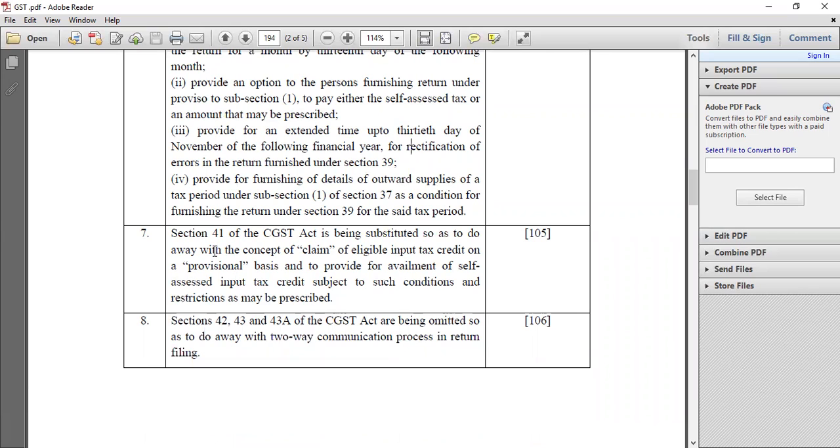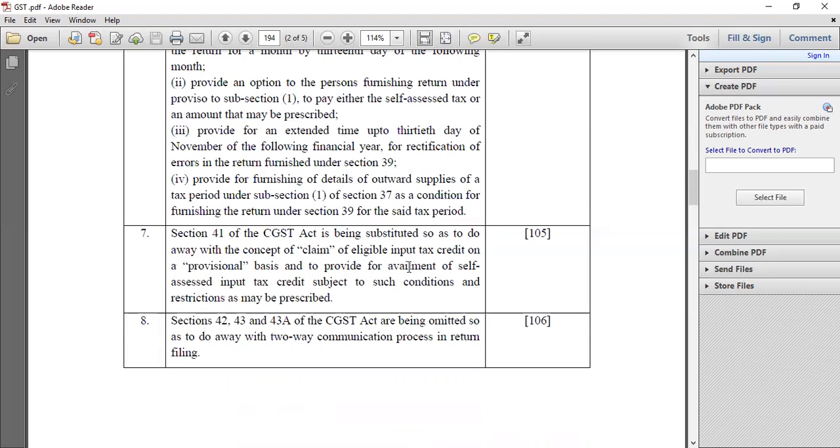Also, section 41 has been substituted, which means that the taxpayer was eligible to take the input tax credit on provisional basis, and if the final amount of input tax credit is higher than the amount taken as provisional credit, then the balance final amount could also be taken as input tax credit.